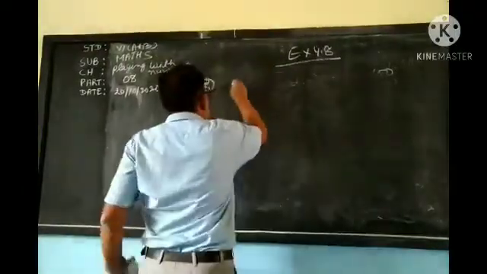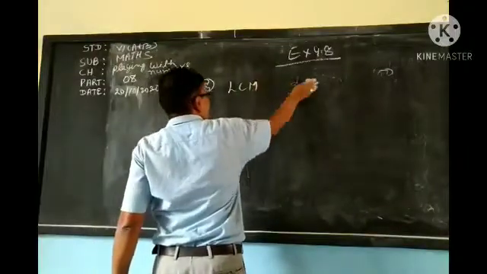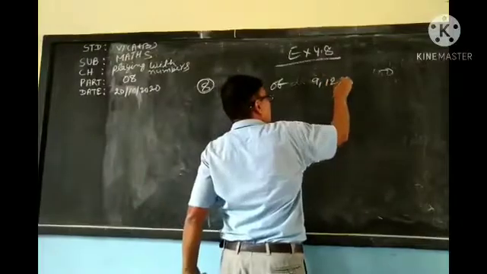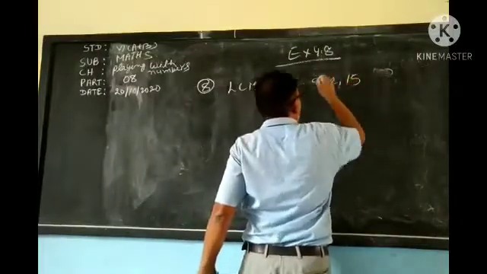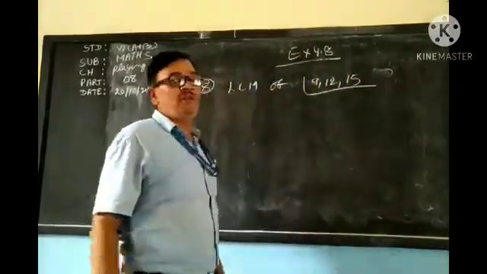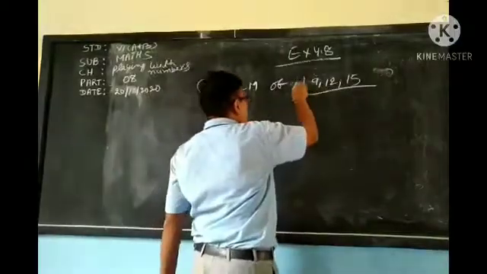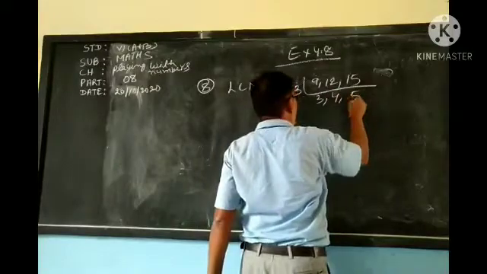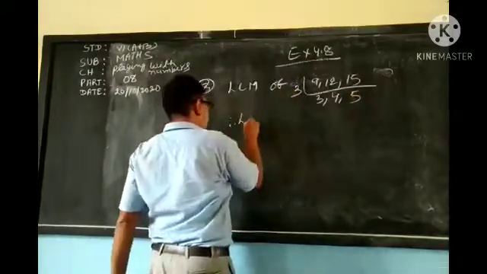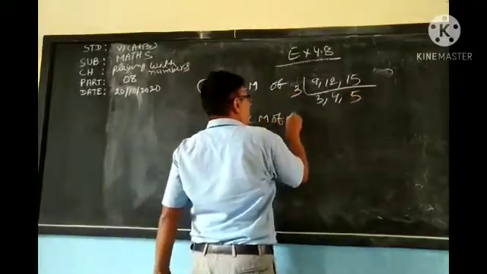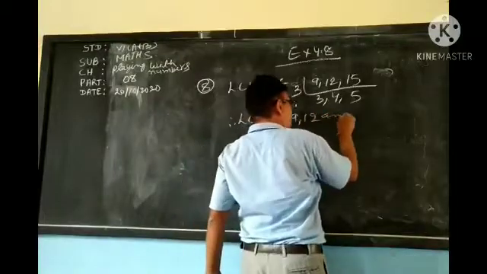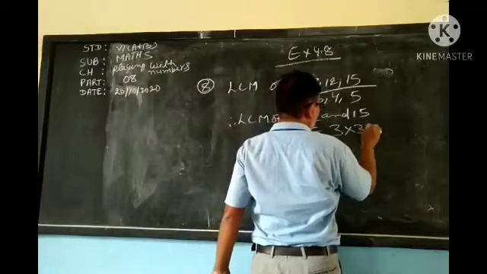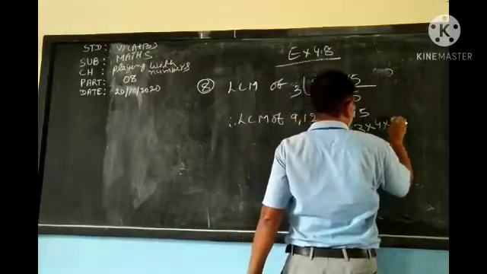So first you find the LCM of 9, 12 and 15. Please listen. What are you going to do? LCM: it is divisible by 3, then 3, 4 and 5. Therefore LCM of 9, 12 and 15 is equal to 3 into 3 into 4 into 5.